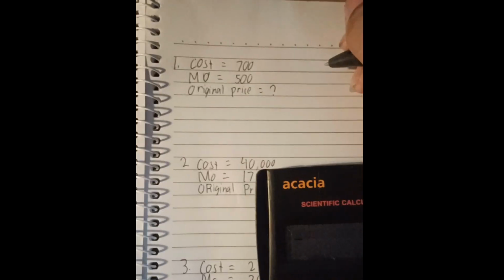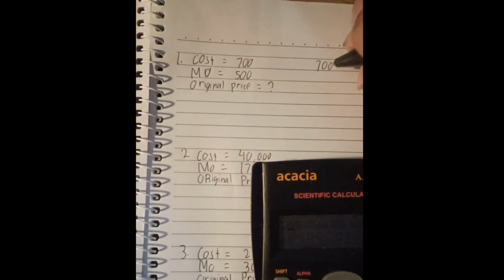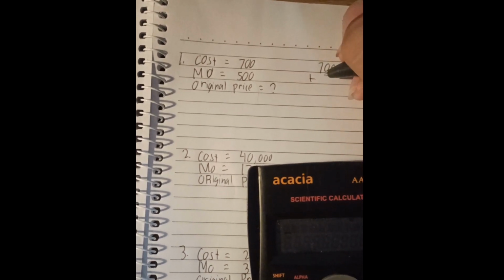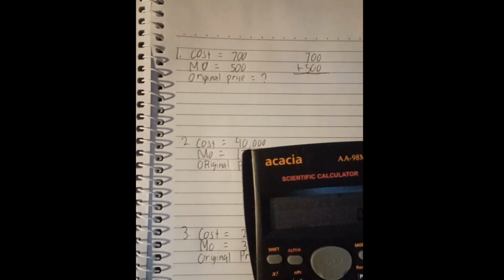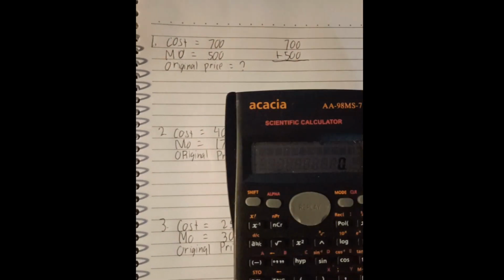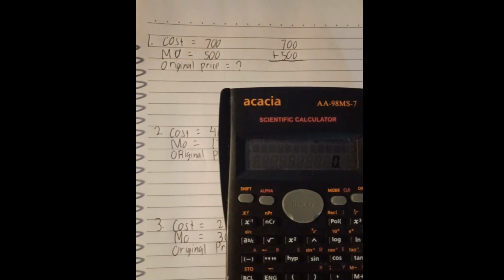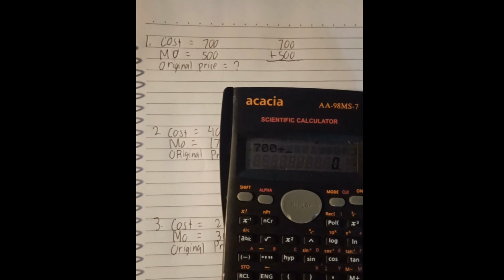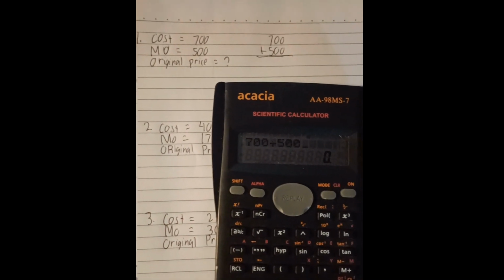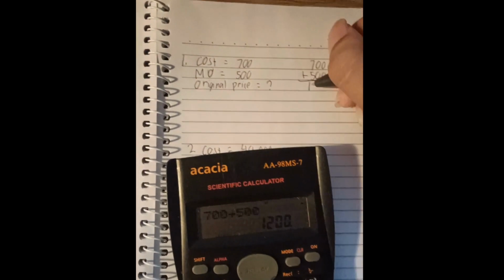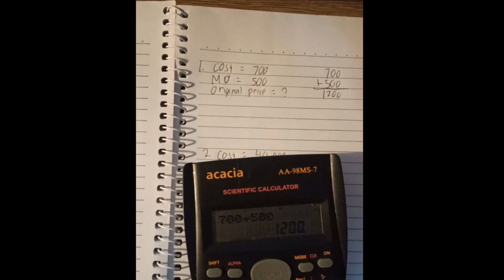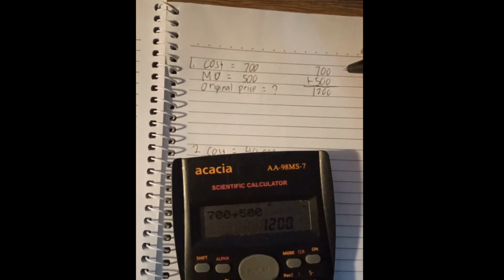So 700 plus 500, 700 plus 500 equals 1,200, and that's how we get the original price.